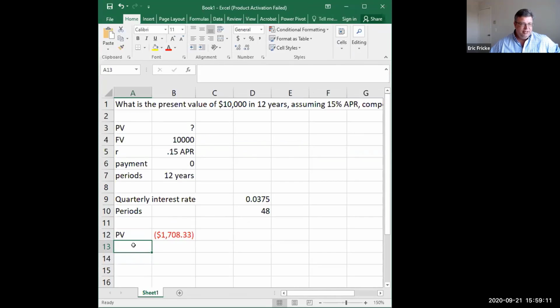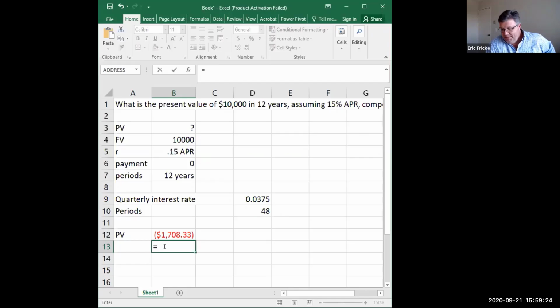And now I know some of you really like to do the math instead, and the math is pretty simple here as well, just to do it in Excel. But I imagine you might be used to it on some of those TI calculators you have, and that's fine. So the PV in the math formula, right?